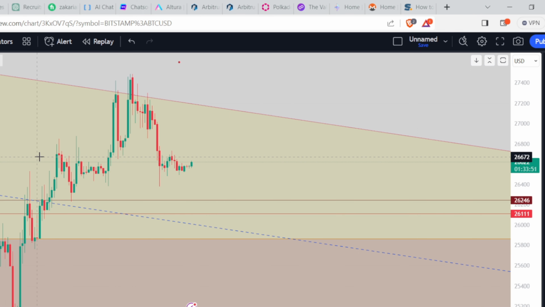Watching this area, if this breaks right here and stays above, there is a chance that you can... what is the risk reward right here?